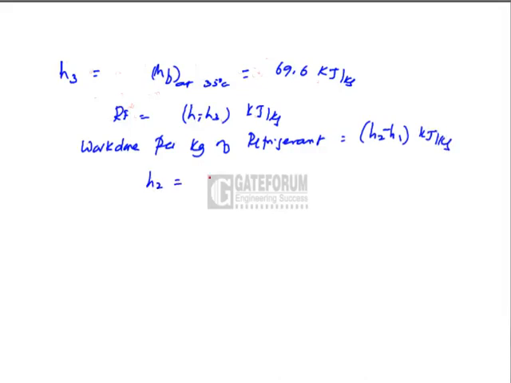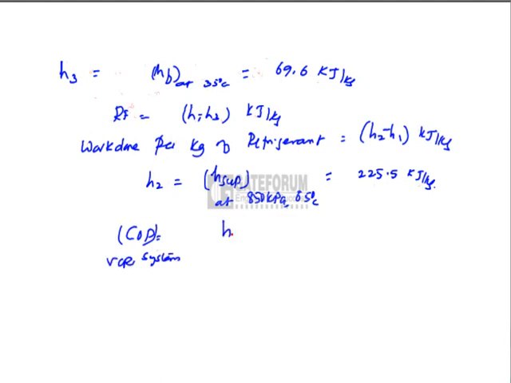H2 is given in the problem as H superheat at 850 kilopascal, that is condenser pressure, and 65 degrees centigrade superheat temperature. It is given as 225.5 kilojoule per kg. Therefore, COP of the VCR system is equal to H1 minus H3 divided by H2 minus H1. We can obtain the COP.